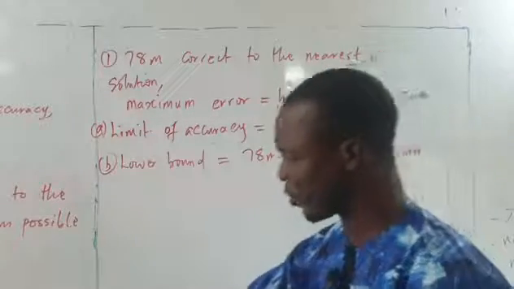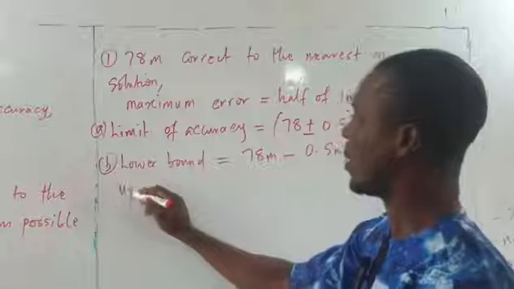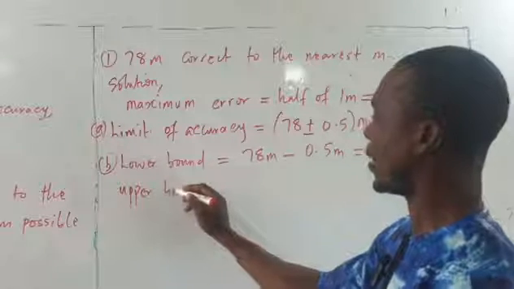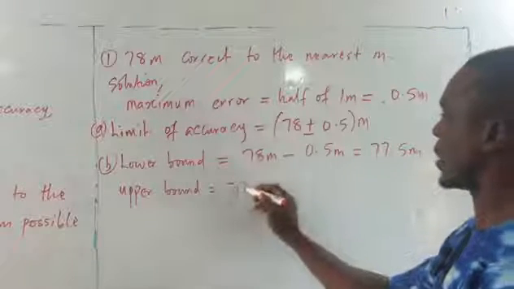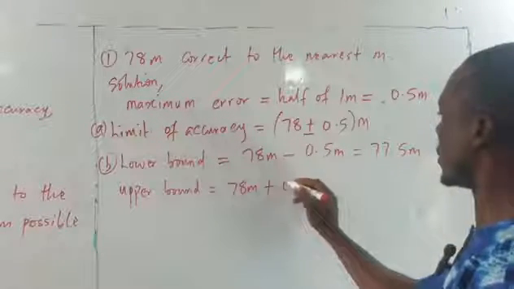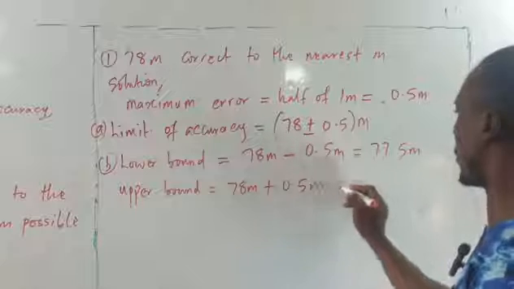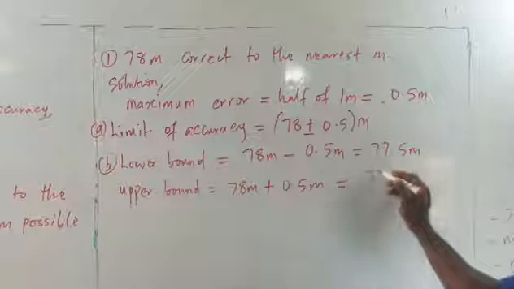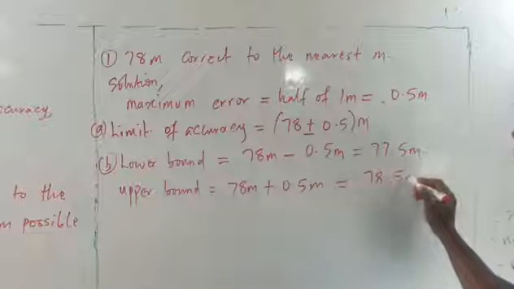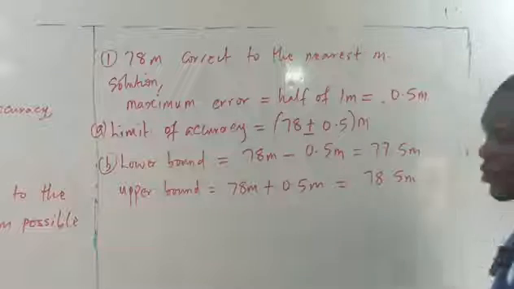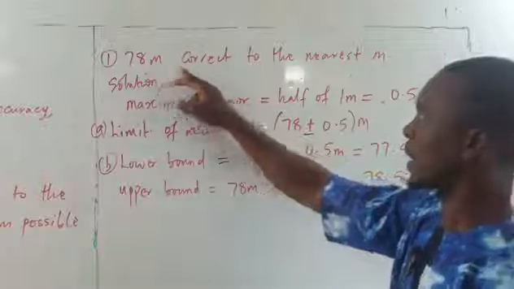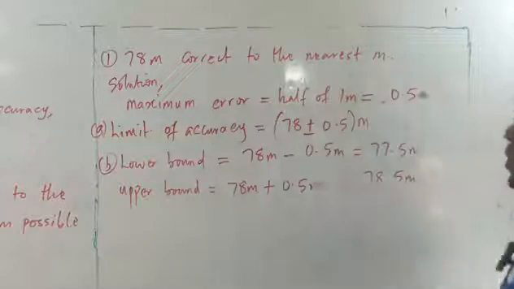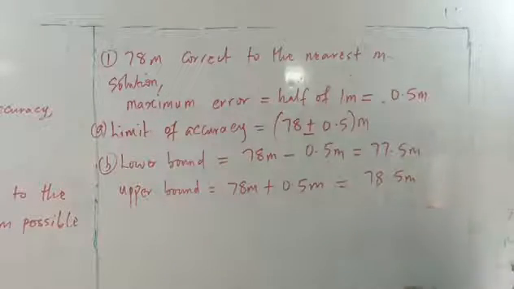Then the upper band, the same thing as the upper limit, is 78 meters plus 0.5 meters, which is equal to 78.5 meters. So this is the solution to question number 1, which says 78 meters correct to the nearest meter. Thank you.